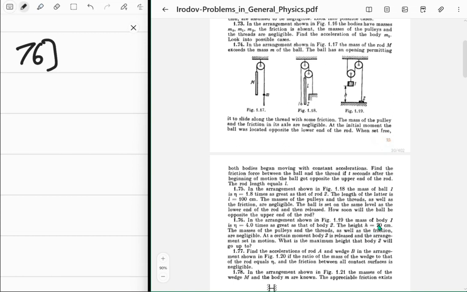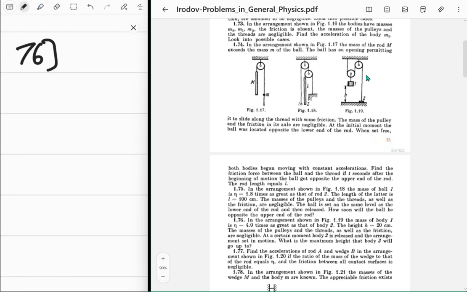The height h is equal to 20 centimeter. The masses of the pulleys and the threads as well as the friction are negligible. Okay, so ideal conditions. At a certain moment, body 2 is released and the arrangement set into motion. What will be the maximum height that body 2 will get up to?